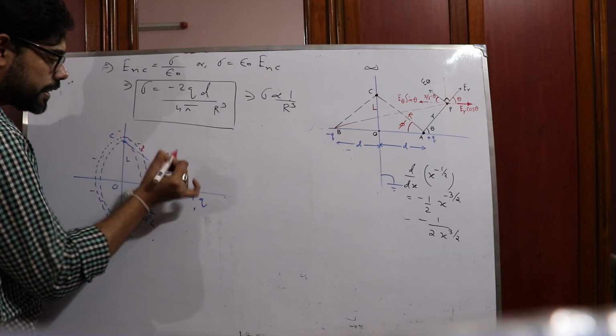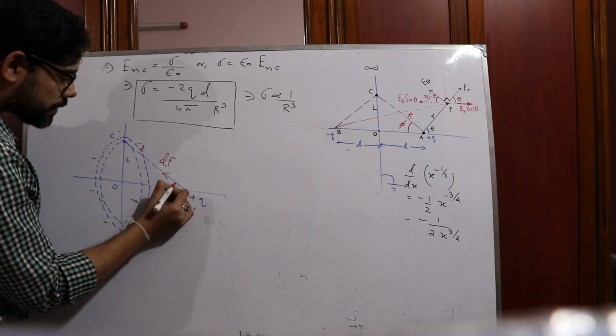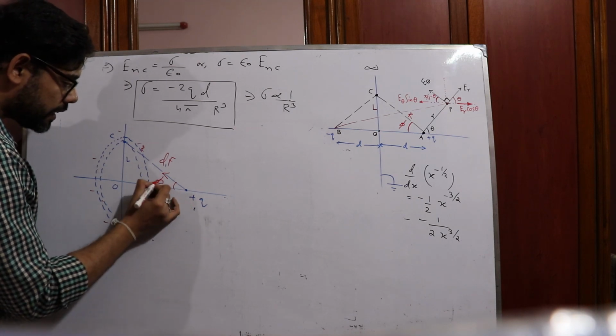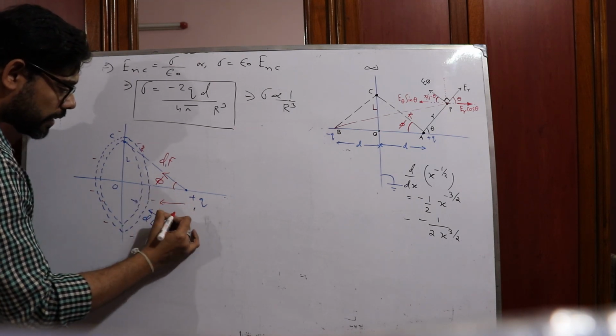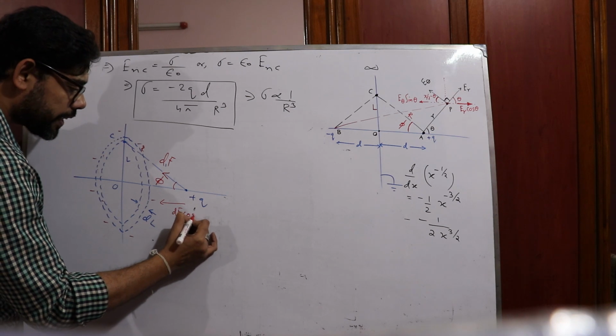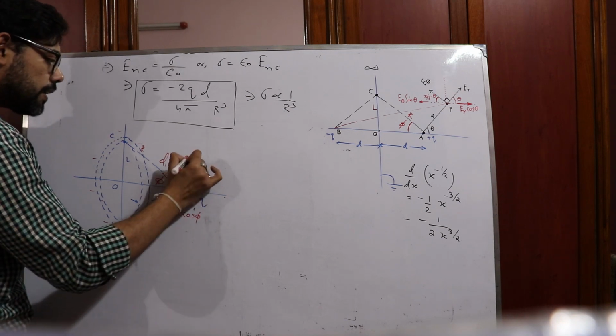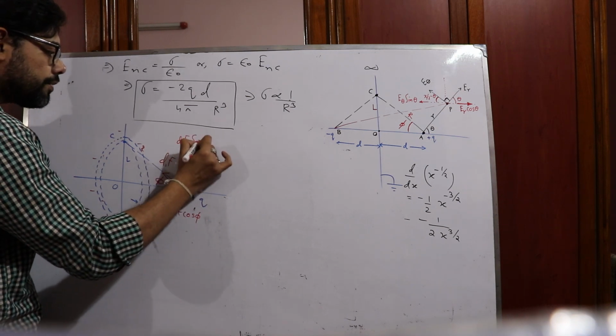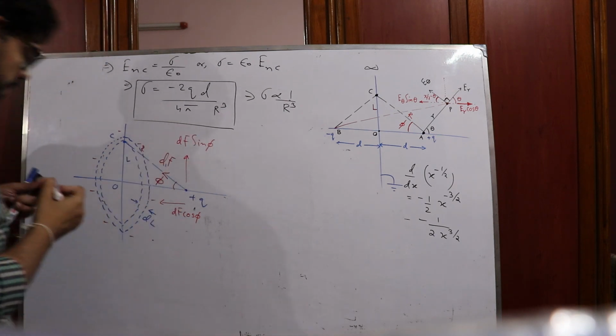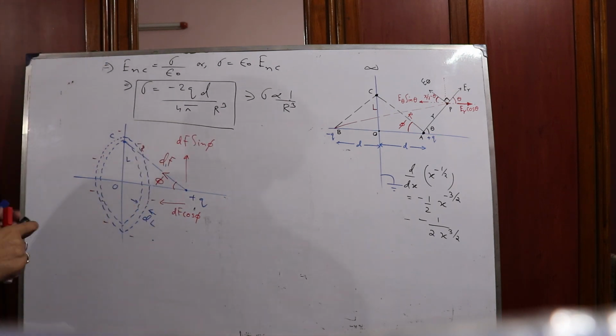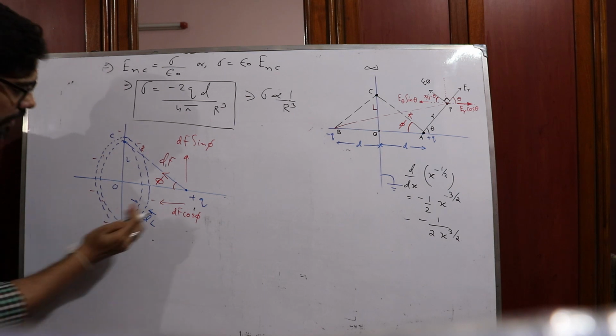If that angle is phi, in this direction the force will be dF cos phi, and in this direction dF sin phi, right? Similarly, there is a corresponding part here.